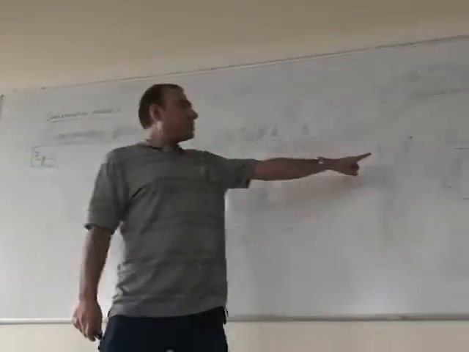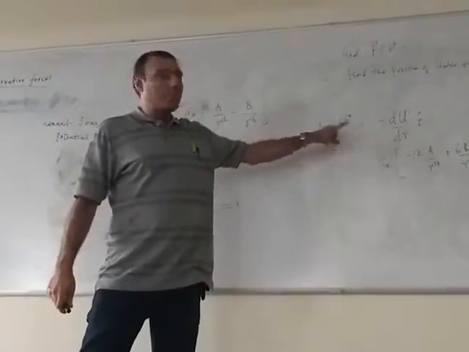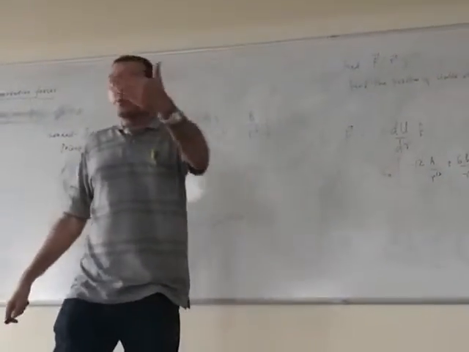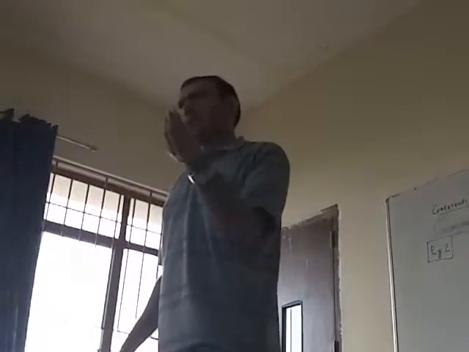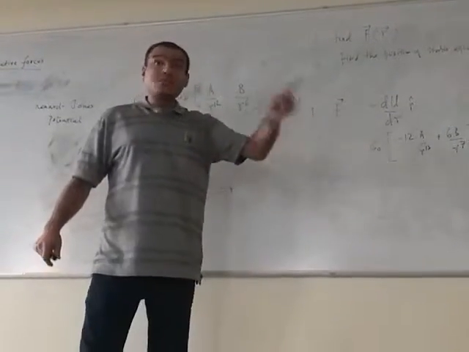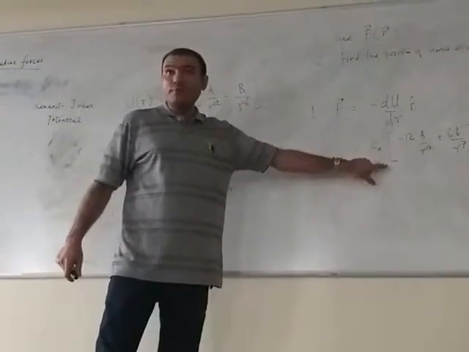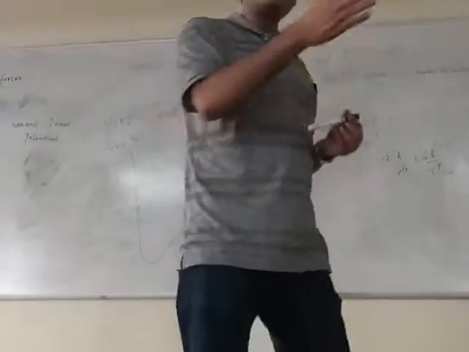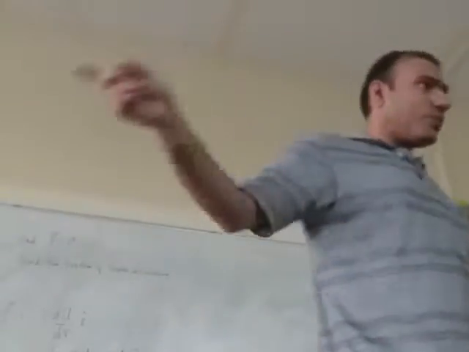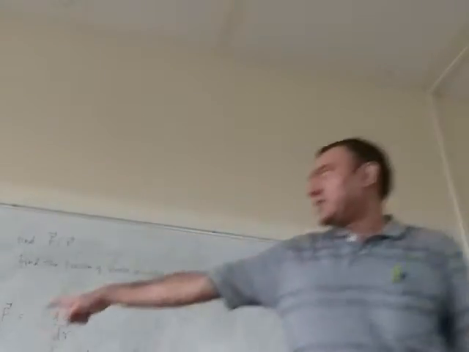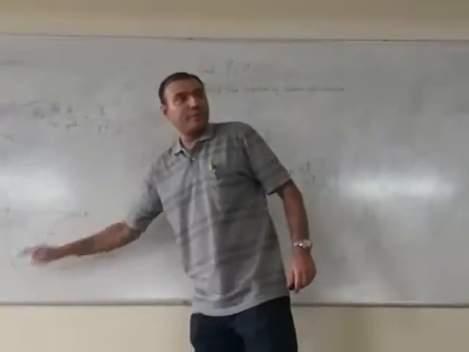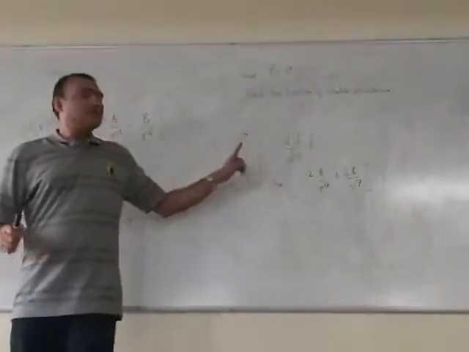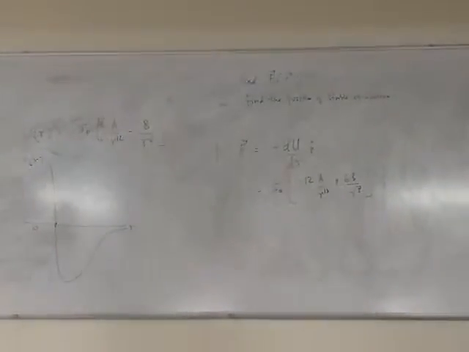Okay, so if the force is to be 0, in order to find out the equilibrium position, the force needs to be 0, as we just discussed. So if you put this to 0, then the corresponding r that you will get from this expression, by solving it, should tell you where the equilibrium position is. Let's see that it will actually be here. So this point needs to be clarified.